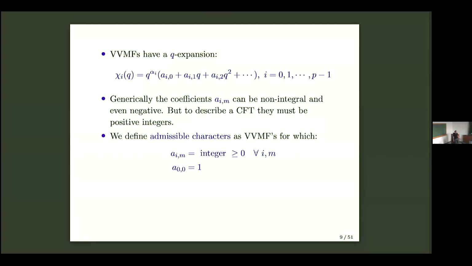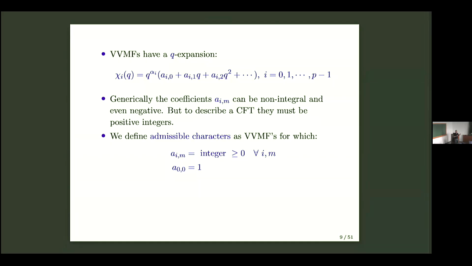Okay, so therefore we define admissible characters as those which are vector valued in the sense I mentioned earlier, but for which all these A's are integer. Now, one problem is, of course, nothing stops me scaling the whole thing by an overall multiplication. So the question of them being integer might be ill-defined. But there's one constraint: when i is 0, then it is the identity character.